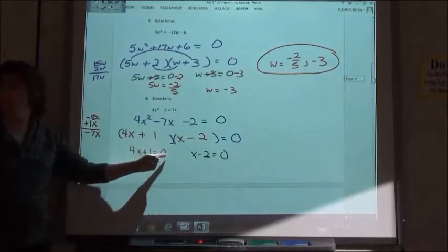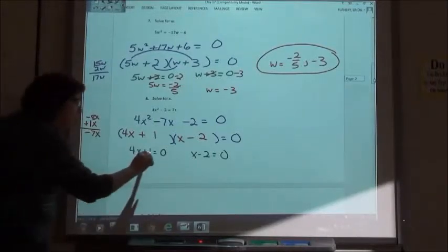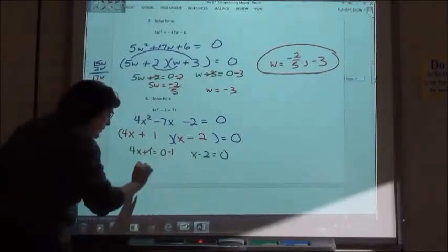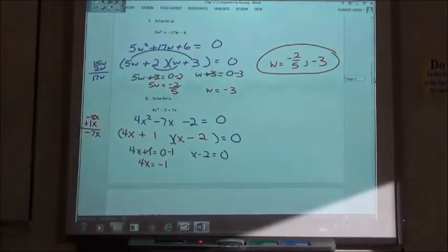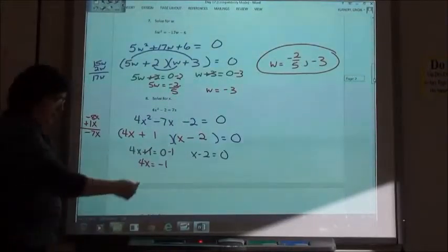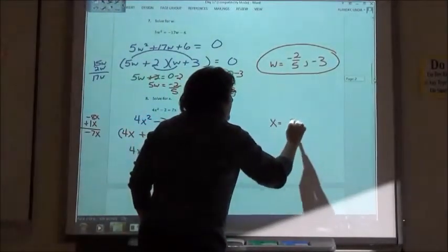We're just going to move our 1 over instead of our x over. It really doesn't matter, but then I don't have the negative 4. So I'm going to minus my 1. 4x equals negative 1. And then I'm going to divide by the 4. So x equals negative 1/4.